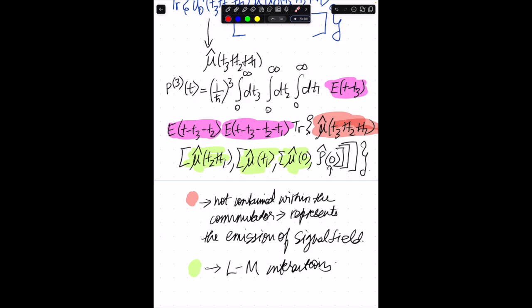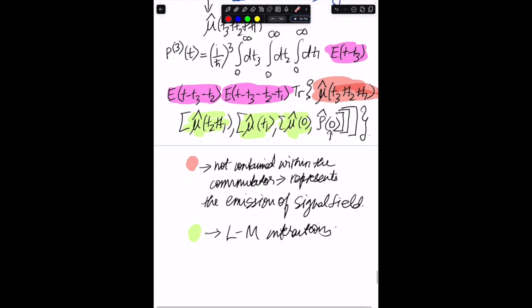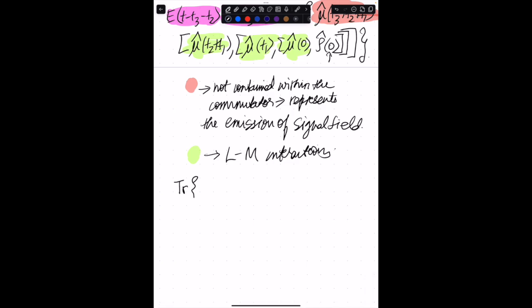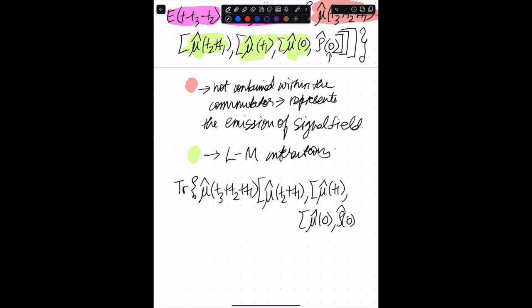And now I would like to mention that this term, the trace of U hat (t3 plus t2 plus t1) with this commutator structure, U hat (t2 plus t1) and then t1 and then 0, rho 0, is what is referred to as your third order nonlinear optical response function.